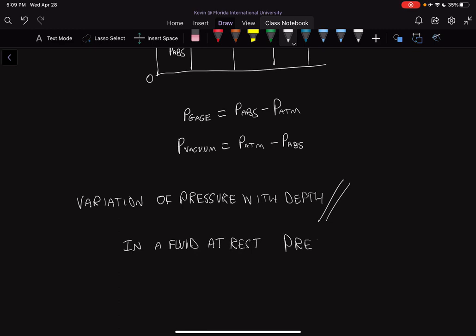pressure does not change in the horizontal direction.